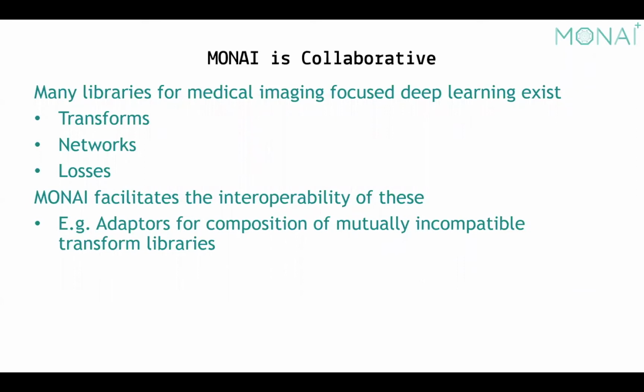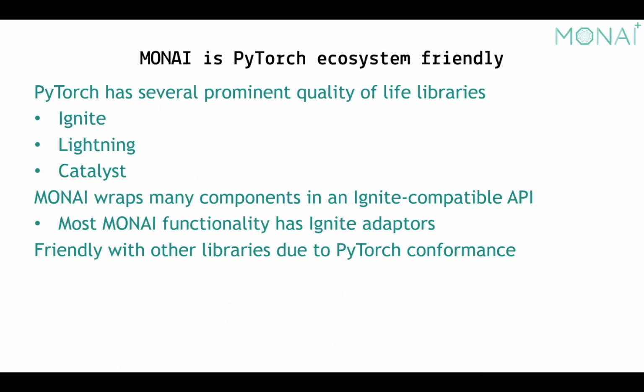There's lots of transform libraries: Batch Generator, Torch.io, Phoenix Rising, ITK, NVIDIA, and they are designed in some cases with different philosophies with respect to their API. And one of the things that we cared about early on is making sure that if you need one transform from library A and one transform from library B, we provide you the means of connecting those together. And we are PyTorch ecosystem friendly.